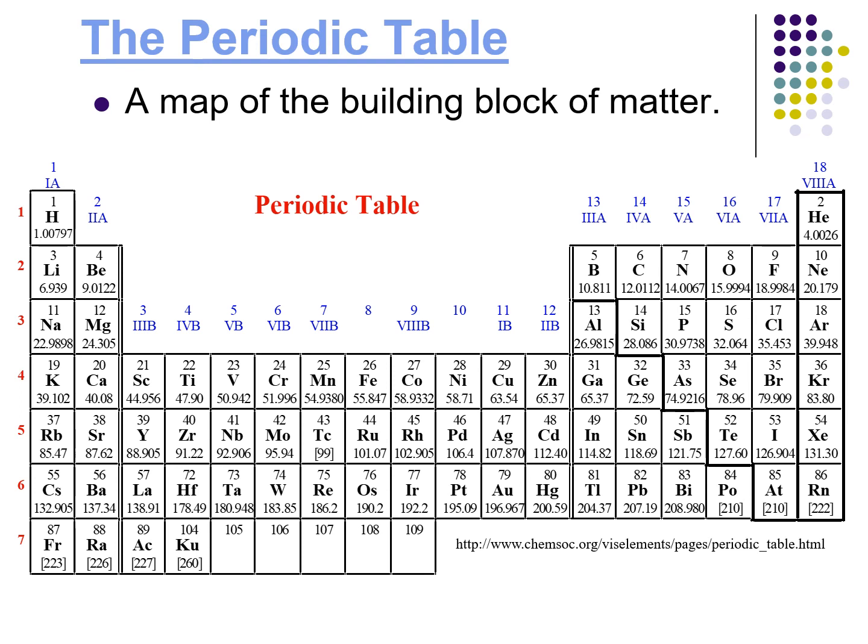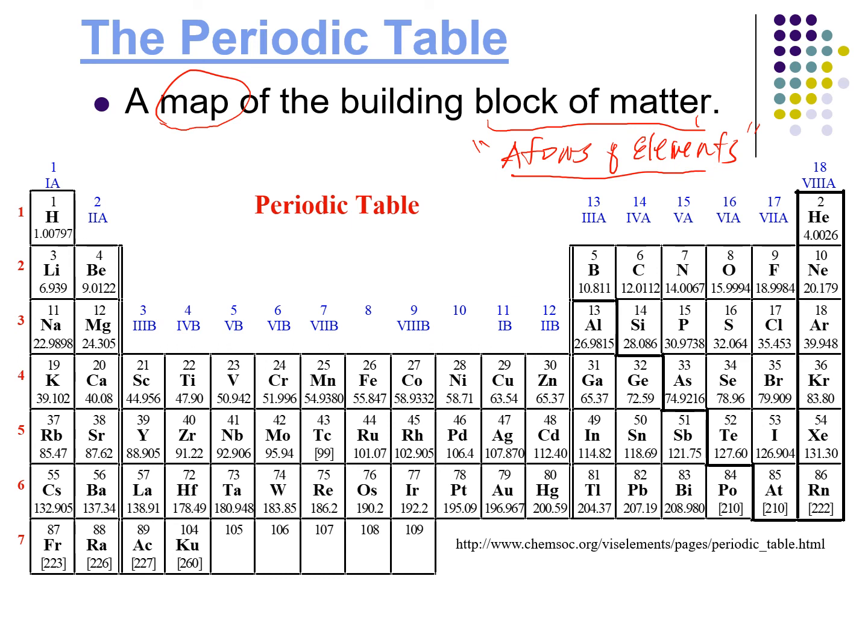So let's start with the general idea behind the periodic table. As I said a while ago, the periodic table is a reference. It gives us information about the elements. We could say that the periodic table is a map of the building blocks of matter, and the building blocks of matter are the atoms of the different existing elements in nature.